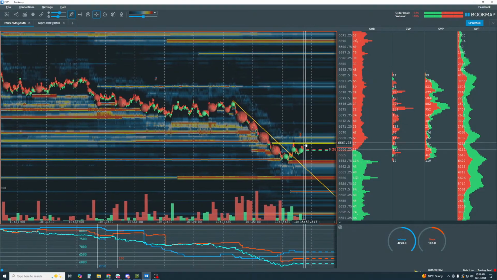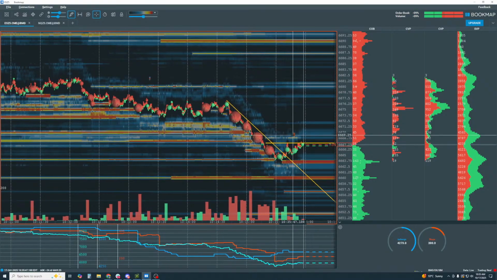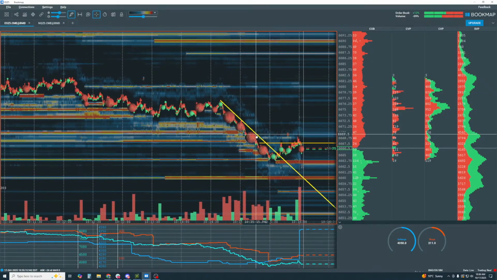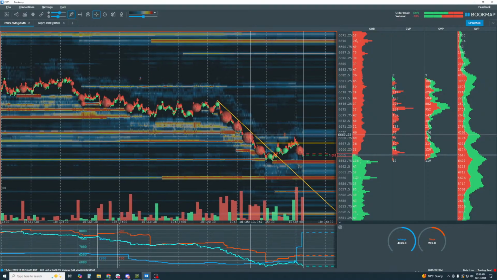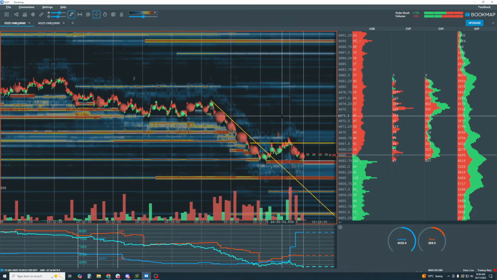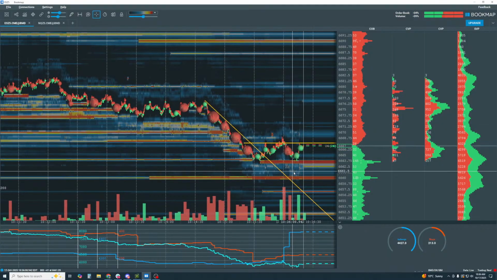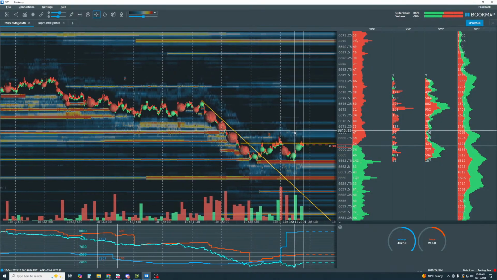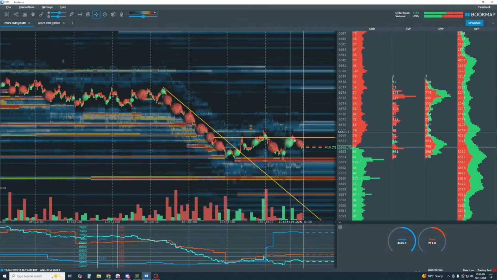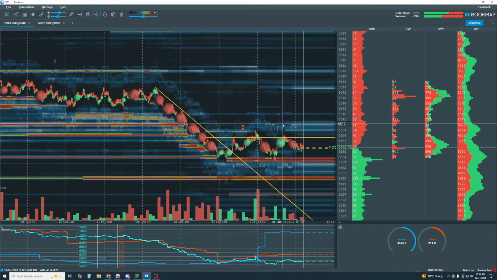Now we're looking for buyers back up above it, and we're looking for a transition from sell side to buy side, and I don't see that transition happening yet. There's still more selling. Okay, we got a double bottom. Let's see if we trade back down into this liquidity or not here.